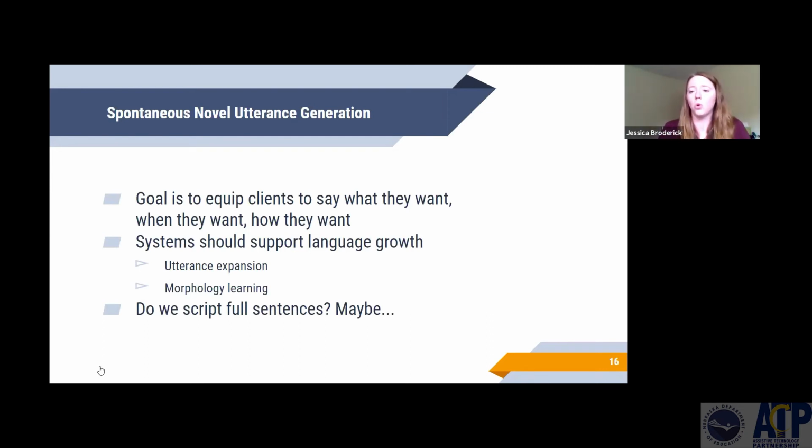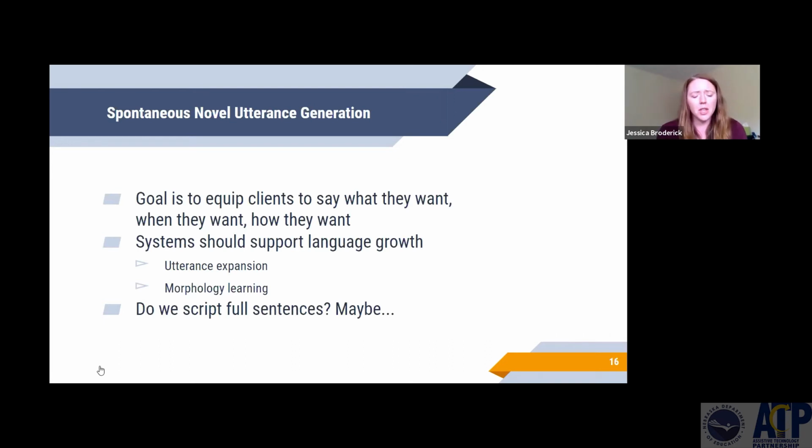And I need more is not the only context in which they would use the word more. They might be wanting to say no more, and anytime they use that more symbol, it says, I need more. And so now you're getting no, I need more. So using single words instead of phrases gives them the flexibility to say what they want to say and how they want to say it.